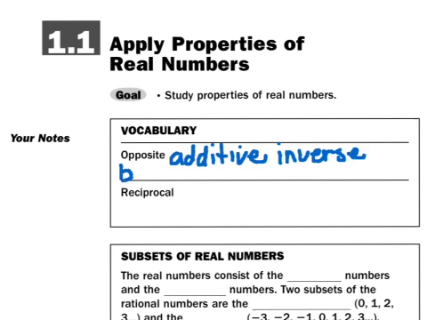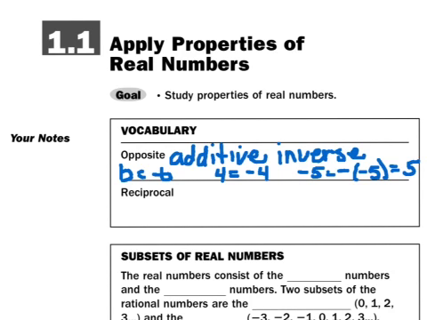So the definition is the additive inverse, or the opposite of b, equals negative b. So the opposite of 4 would equal negative 4. The opposite of negative 5 would equal the negative of negative 5. Clean up the signs, that would be positive 5.